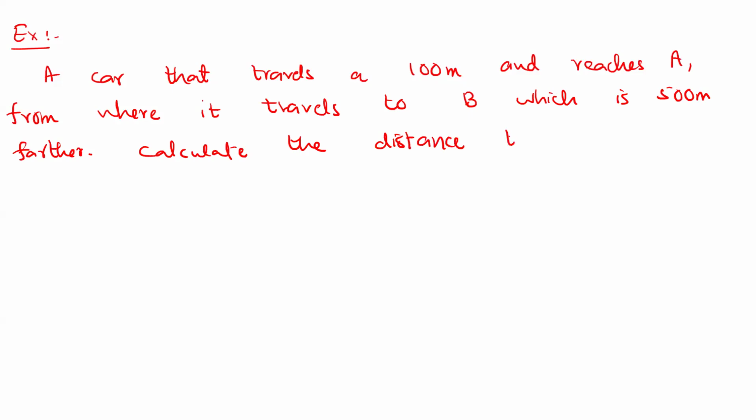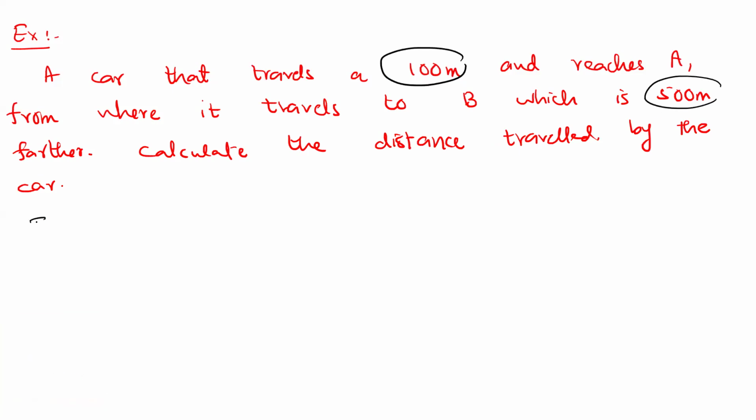So basically, what we can do about it is that we have two distances here, which is 100 meters and 500 meters. So total distance traveled by this car is going to be 600 meters, simple. So understanding is we just added both numerical values.